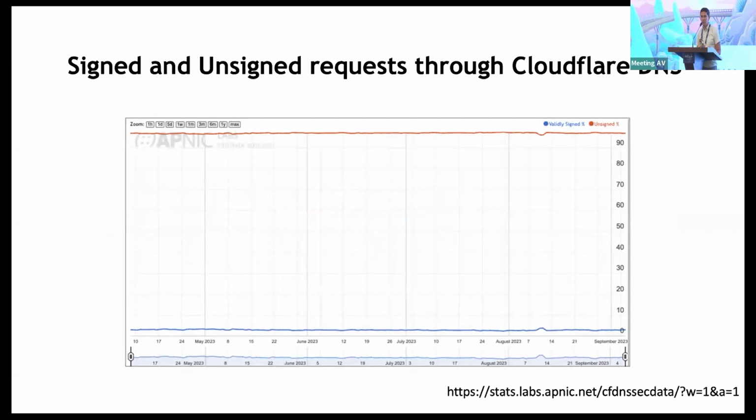How many of those are actually signed, and what's the real impact of DNSSEC in terms of covering people's browsing and other DNS-related activity? And, well, it's a bit sad, because the level of queries that generate responses covered by DNSSEC is tiny. Tiny is a good word for it.